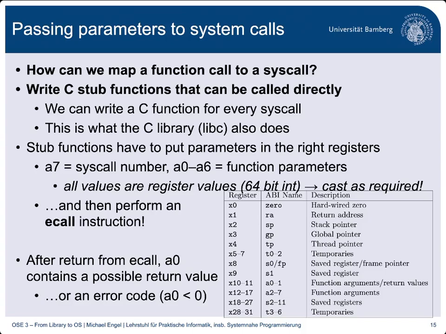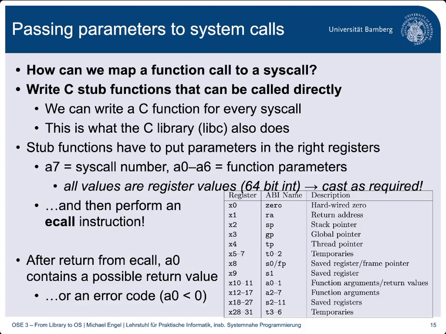Now this is similar on RISC-V, so registers are not called R, but X for whatever reason, and we have registers X0 to X31. These names we are using, like A something or RA, are just additional names, aliases for these register numbers, and you see the mapping on the lower right-hand side of the slide here.